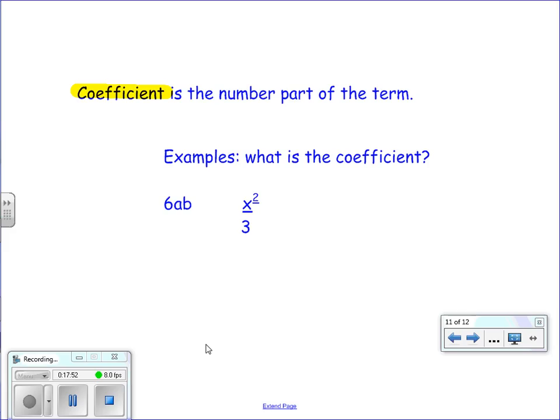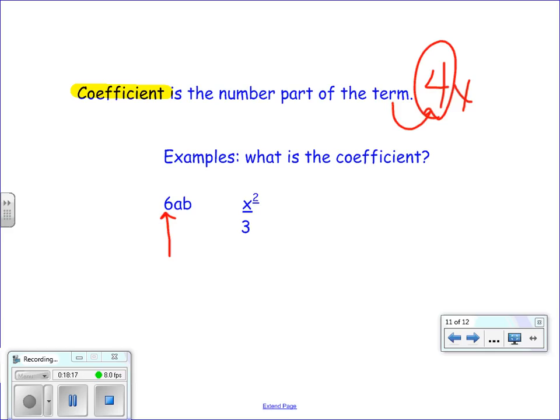Okay, one last thing I want to talk about is the term coefficient. The coefficient is the number part of the term. When I ask you what the coefficient is of 4x, I'm asking you what is the number part of the term. What's the 4? So here's an example. What is the coefficient in 6ab?